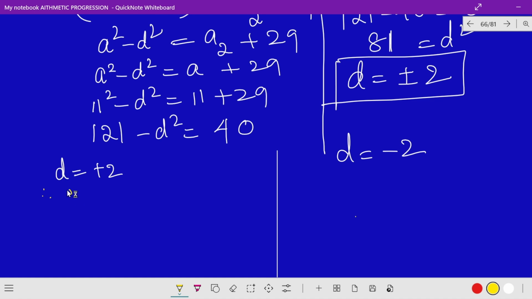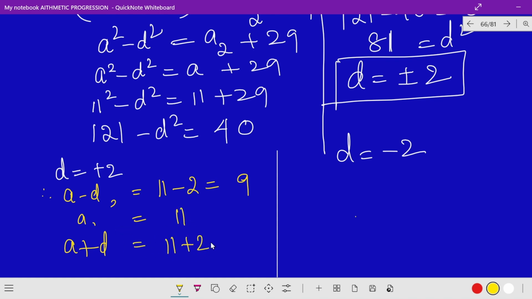Therefore, my AP terms are A minus D, A, A plus D. So what is my A? We got it as 11 minus 2, that is 9. This one is 11. This one is 11 plus 2, that is 13.